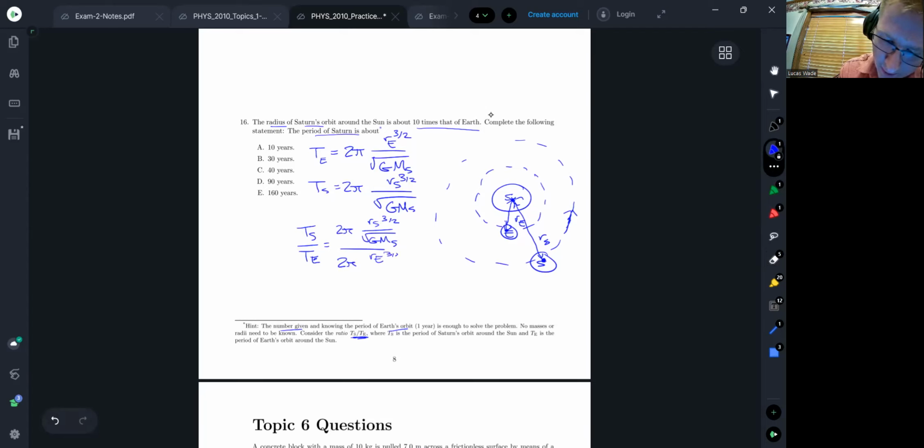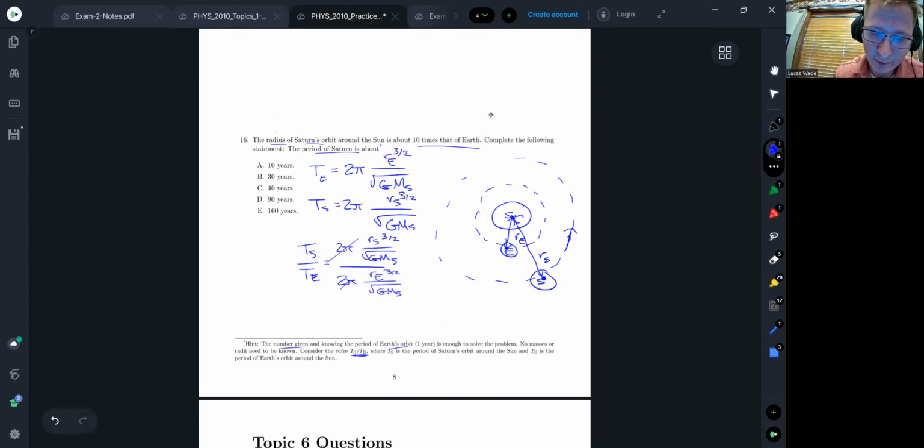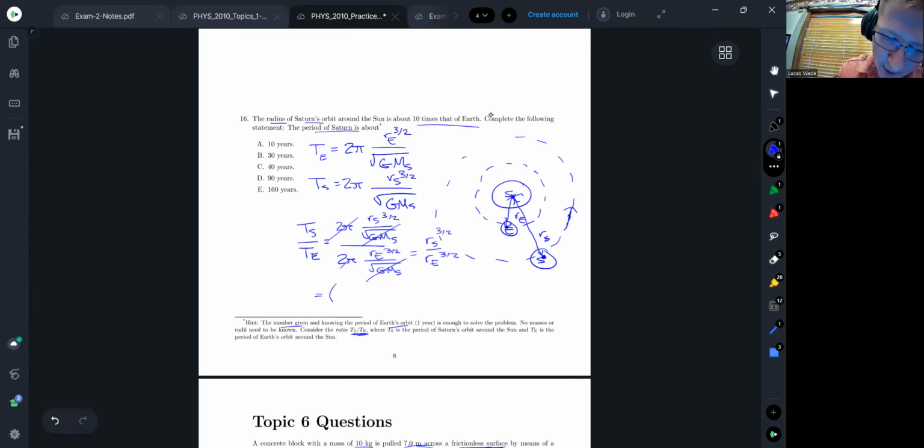This is RE. So do you see that everything but those two radii cancels out? 2 pi over 2 pi, 1 over square root GMS divided by 1 over square root GMS. So that's RS to the 3 halves over RE to the 3 halves, which by our rules for exponents is the same as this.